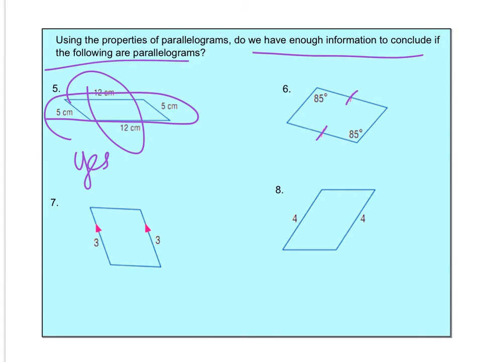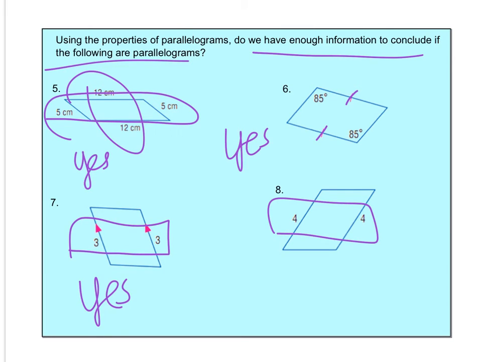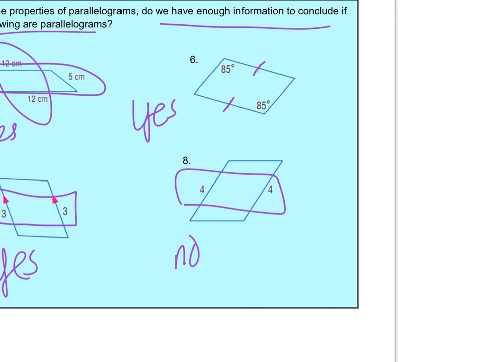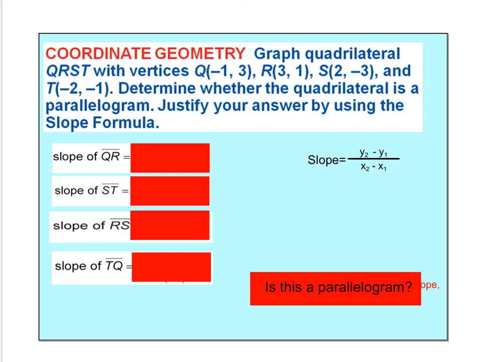You've only got one set of sides, but I would say yes. Here you got one pair of sides congruent and parallel, so I would say yes. Here you've got 4 and 4, that's all you know, so I'm going to say no. I could have it 4 here, but this side could also be 4, but that definitely does not make a parallelogram. So by the information, no, I don't have enough.